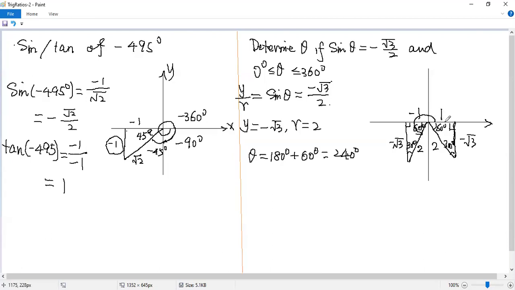So the second possible value for theta would be 180, 270, and another 30 would be 300. You can view that as 360 minus 60. So the second possible value for theta equals 300 degrees. That's all for this video.